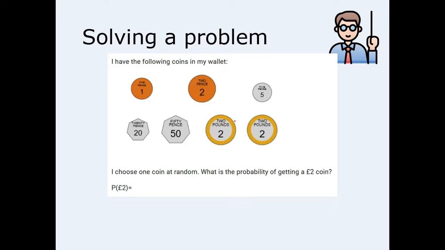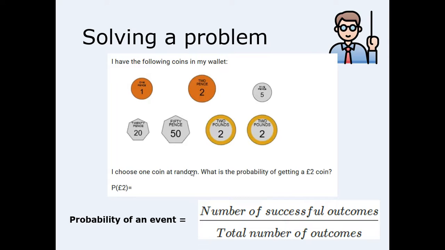Here are some coins in a wallet. We choose one coin at random. What is the probability of getting a £2 coin? So a successful outcome would be the £2 coin. So how many £2 coins are there? There are two. But what's the total number of outcomes?